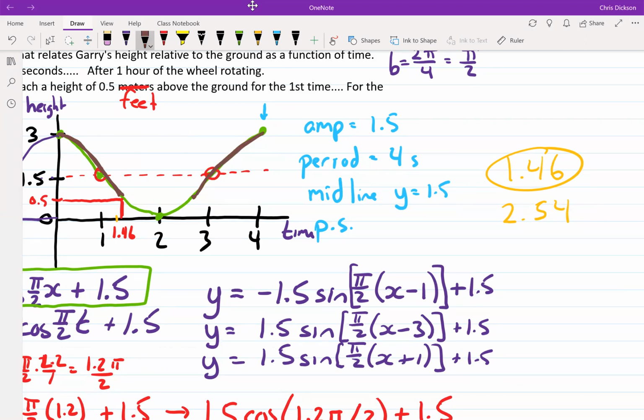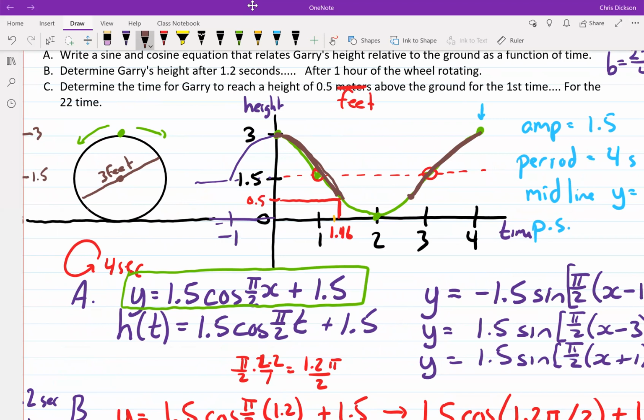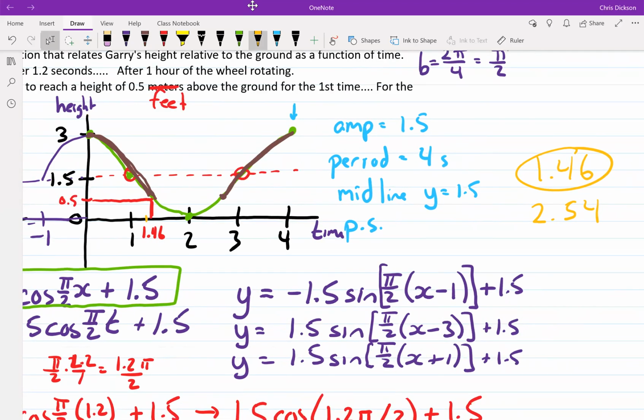The symmetry from the high point to where it is at 0.5 would have to be the same as where it is here. That should make sense because on the circle, if you're at a height here, the distance here would be the same as the distance to this high point over here. So if you know the first number is 1.46, then to get this number, you just go to the end of the period, which is 4 seconds, and minus 1.46.